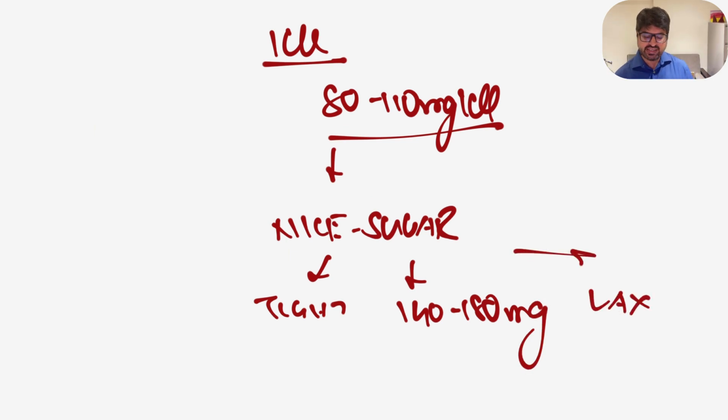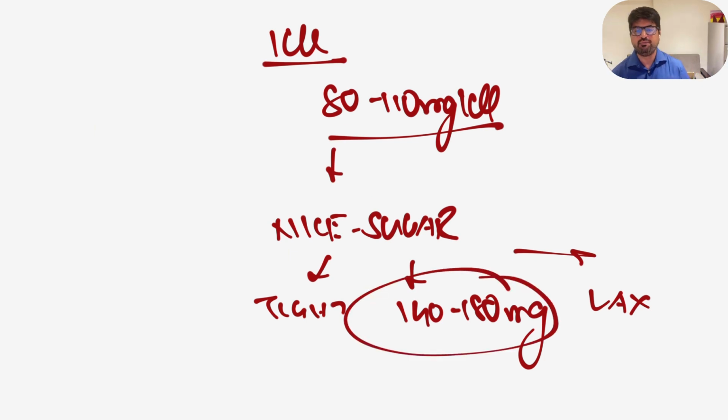What they found was that the best outcome was in the group in which the blood sugar was maintained between 140 to 180 in the ICU setting. Those patients with slightly tighter control, like Dr. Van den Berghe said, had more risk of hypoglycemia and other complications. And again, those patients whose blood sugar was not tightly controlled had poor outcomes. So they concluded that the blood glucose should range between 140 to 180 milligram per deciliter.